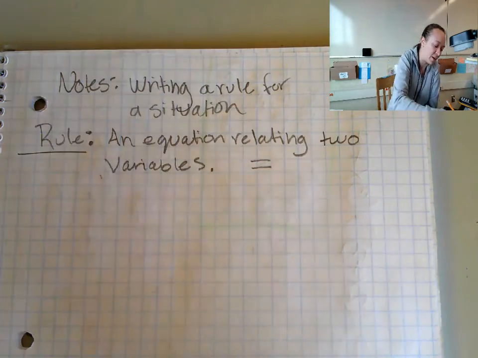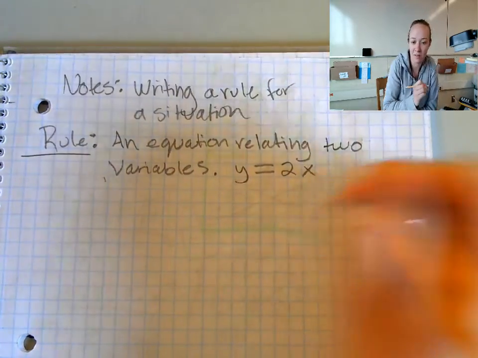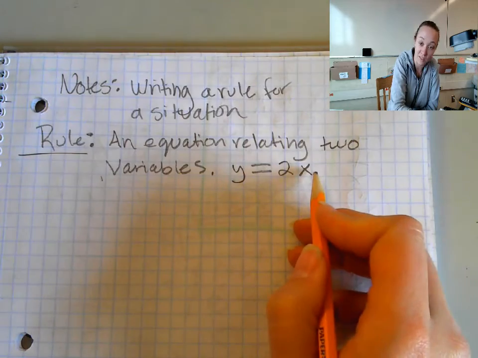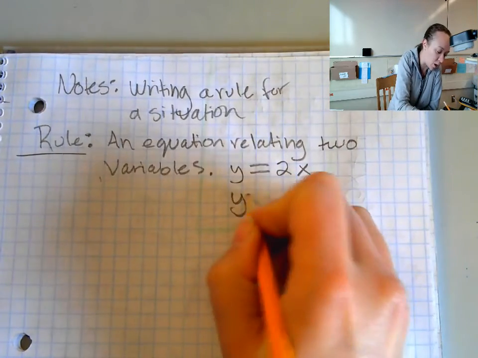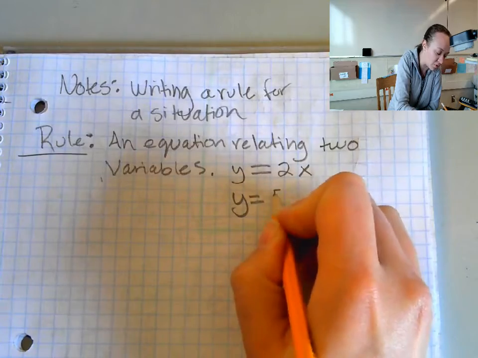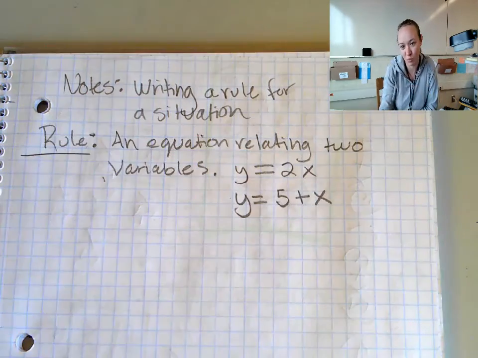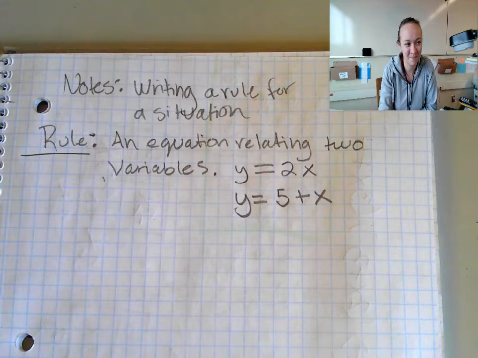An example of that might be y equals 2x, because we have two variables, y and x, and it's an equation because it has an equal sign. Or perhaps it would be y equals 5 plus x. Those would both be examples of rules. And they don't need to use x and y, they can use any variables.